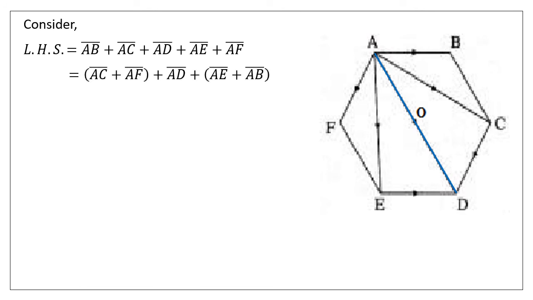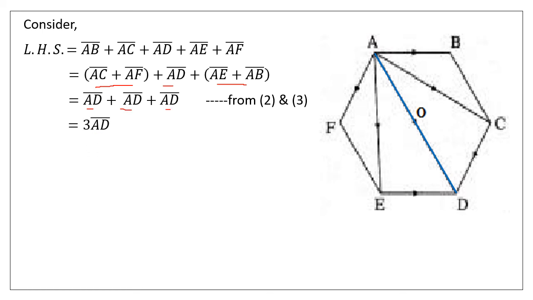From the diagram, student, we take AC bar plus AF bar in one bracket and AE bar plus AB bar in another bracket, plus AD bar as it is. Now using the second and third equations, AC bar plus AF bar equals AD bar, and AE bar plus AB bar gives us AD bar, so we get 3 times AD bar.